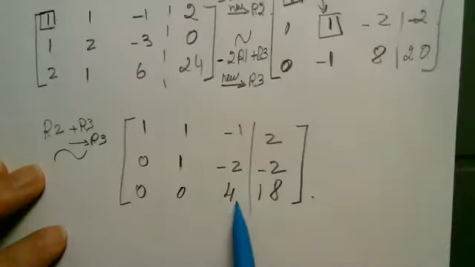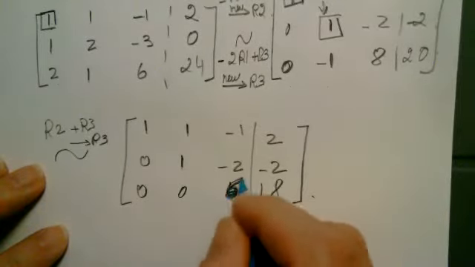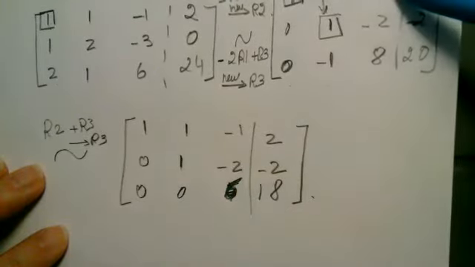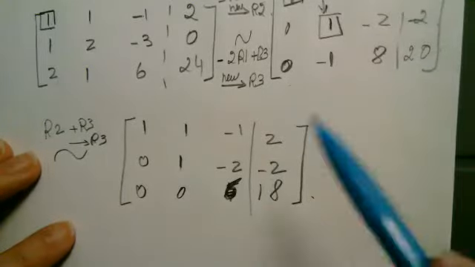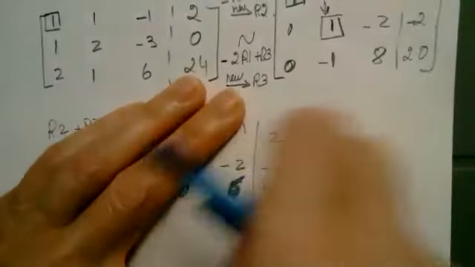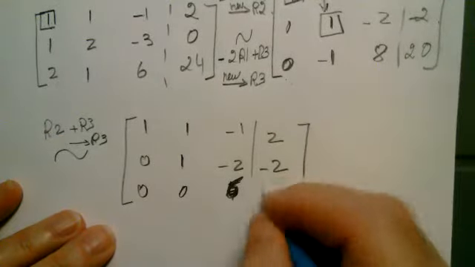Which row, which column? For the 4, shouldn't it be a 6? Okay, sorry, minus 2 plus 8, it's a 6. My apology, I got frustrated. And then minus 2, and that's 18, correct.